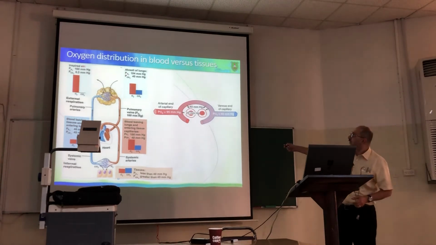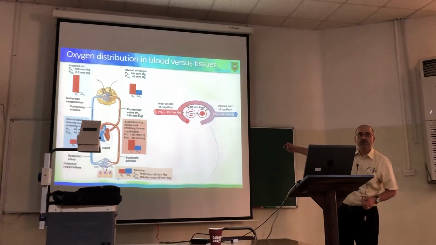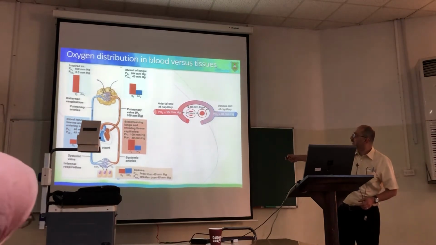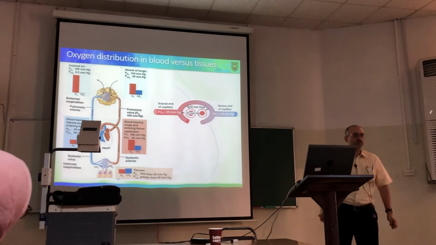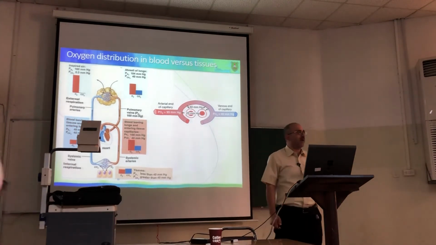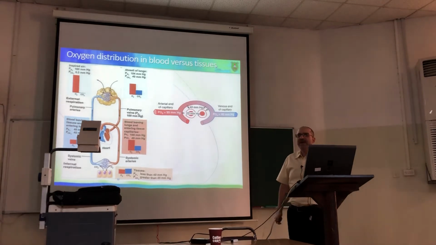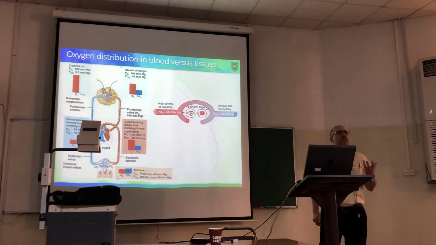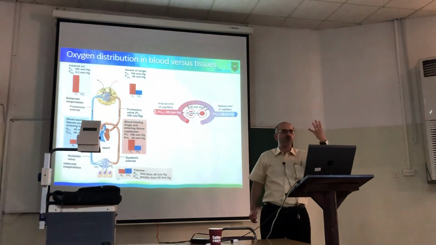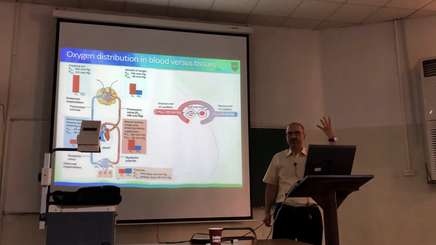When it goes into the lungs, it's about 104. When it leaves the lungs, it's about 100 torr. So this is a high level of oxygen bound to hemoglobin, and hemoglobin would be almost 100% saturated with oxygen, bound with 4 molecules of oxygen.